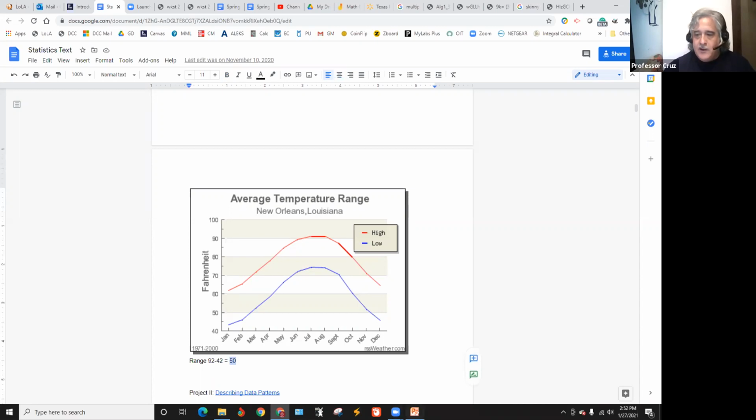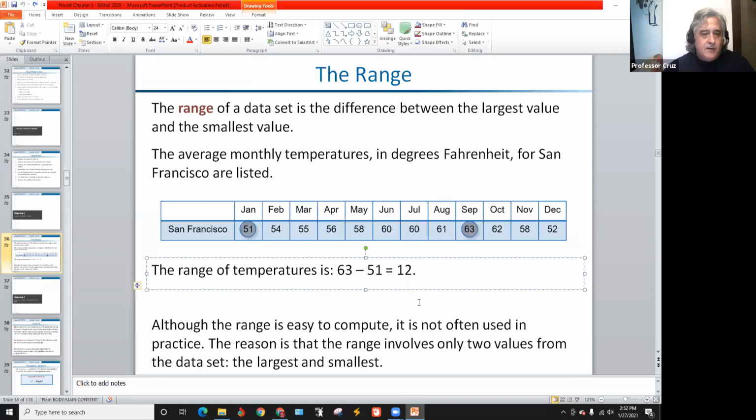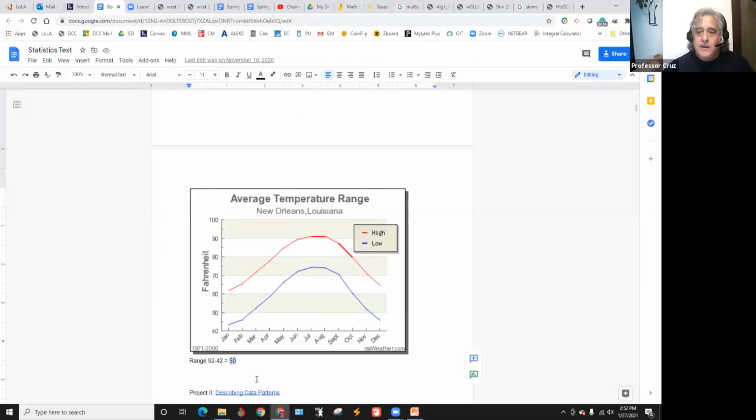All right, how does that compare with San Francisco, which was 12? Well, the range is much higher in Louisiana or in New Orleans. So what that means is there's more variation throughout the year.